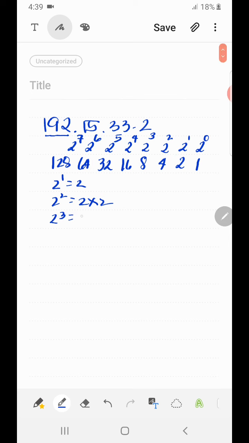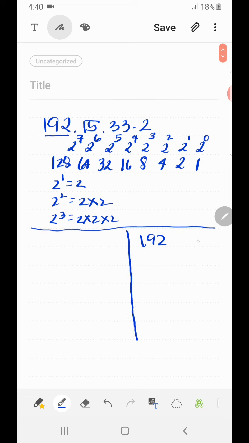Now, going to the conversion. I will be taking 192 first. I'll be writing my number here, 192. I put a line here, so it will serve as my mark.